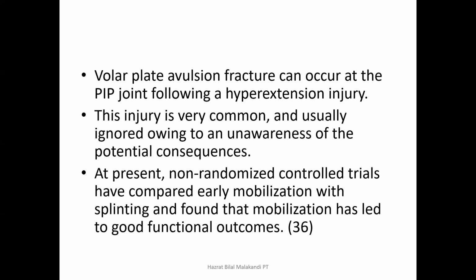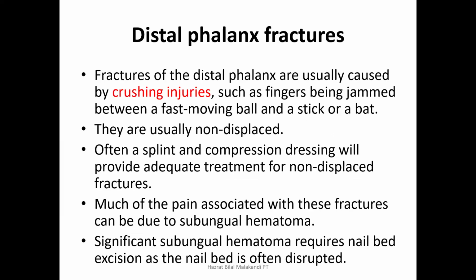These injuries are very common and usually ignored owing to unawareness of the potential consequences. Non-randomized controlled trials have revealed that early mobilization with splinting leads to good functional outcome. That's why they should be mobilized in the early stages.